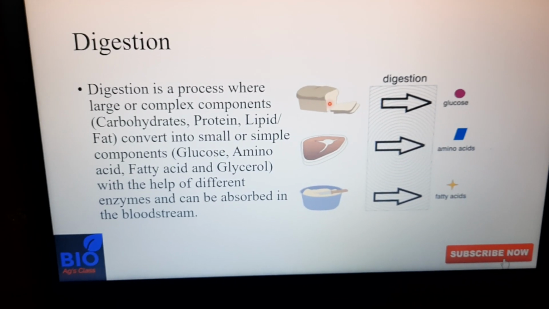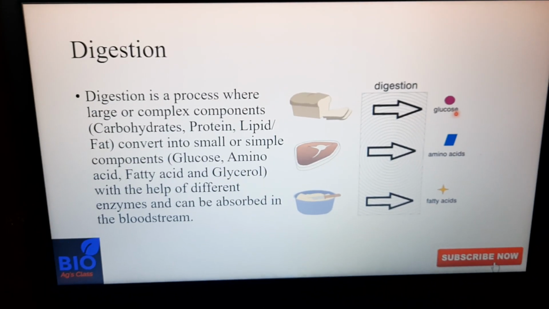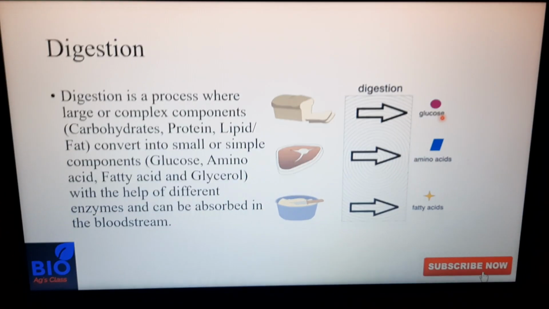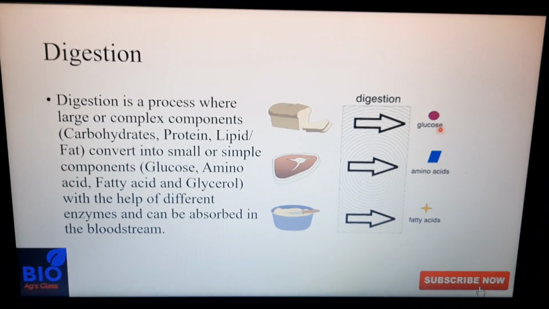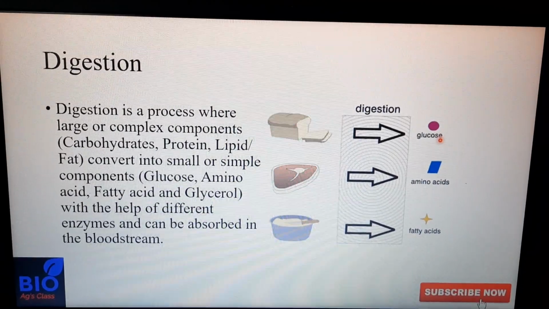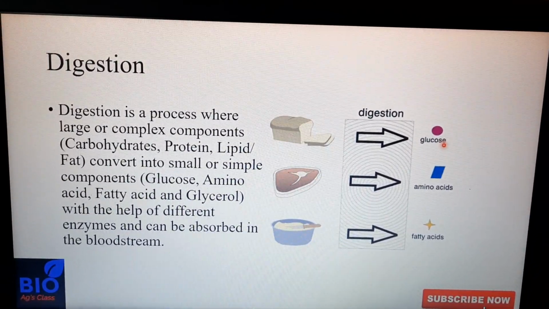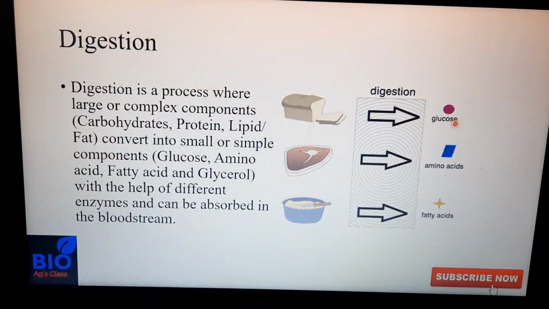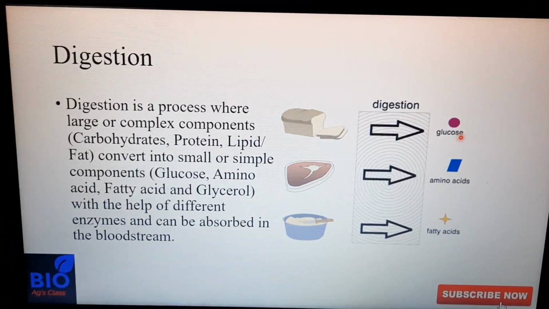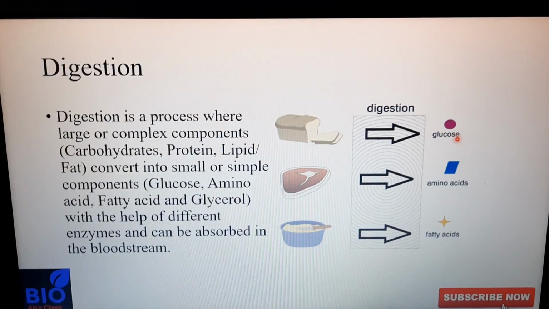here carbohydrates are converting into glucose. So in this case, some enzymes called amylolytic enzymes are converting these carbohydrate foods into glucose.